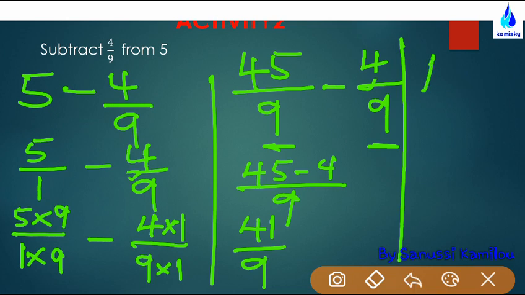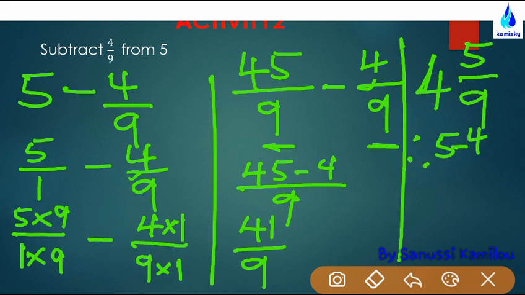So we are having as our final answer 4 whole number 5 out of 9. Okay, so don't forget to conclude your work. We are doing 5 minus 4 over 9. It's giving us 4 whole number 5 out of 9.